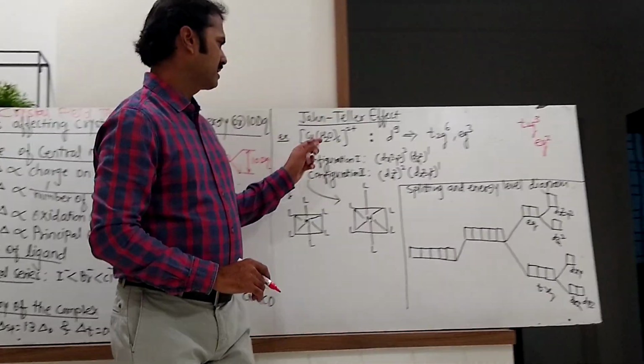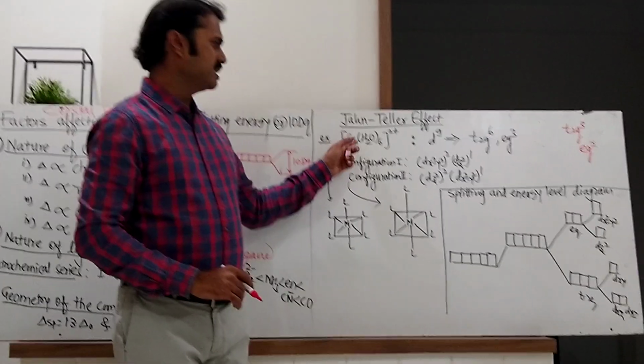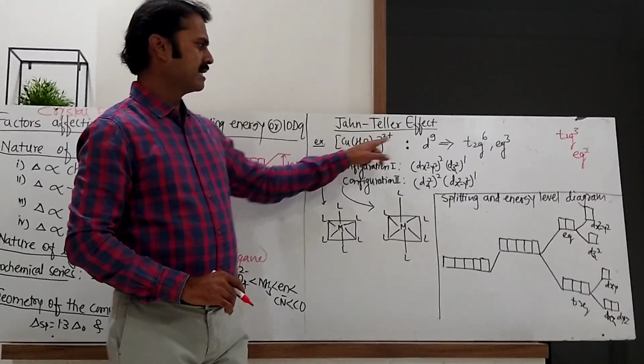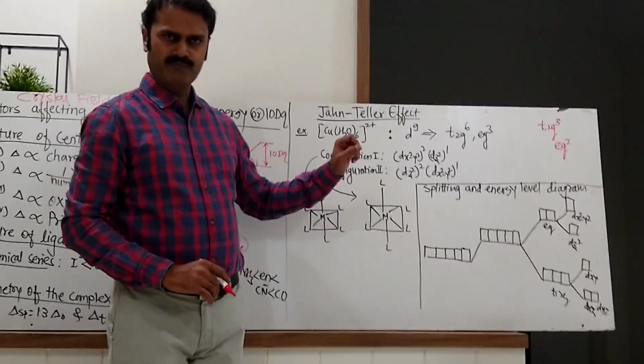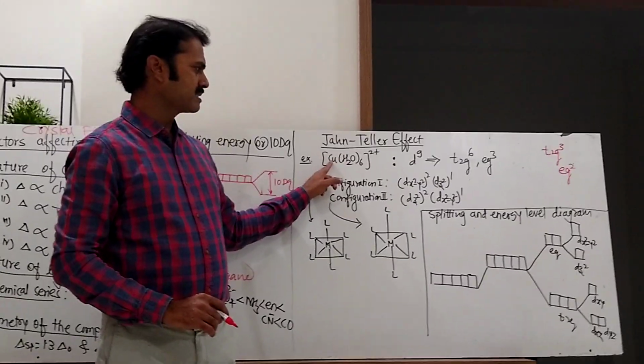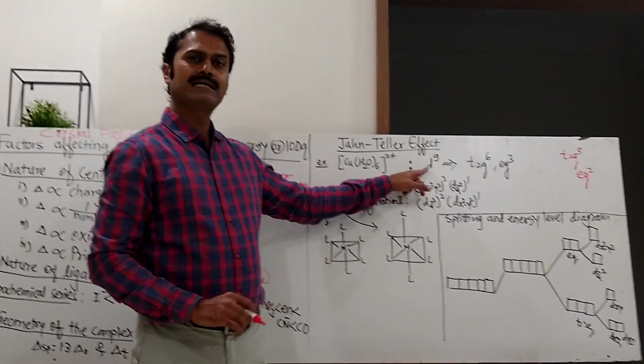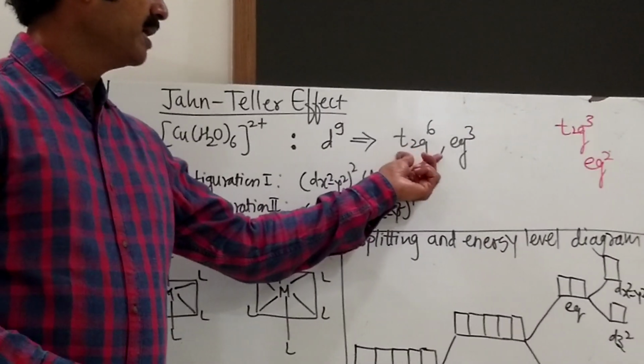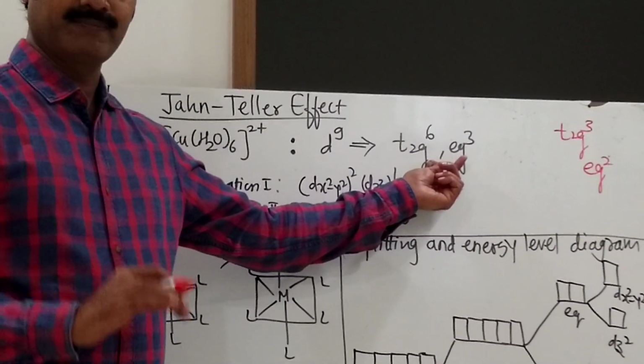Let us take one example. The [Cu(H2O)6]2+ complex is an example of a d9 system. It means in this complex, the Cu2+ ion contains 9 d electrons and the configuration of this complex is t2g6 eg3.